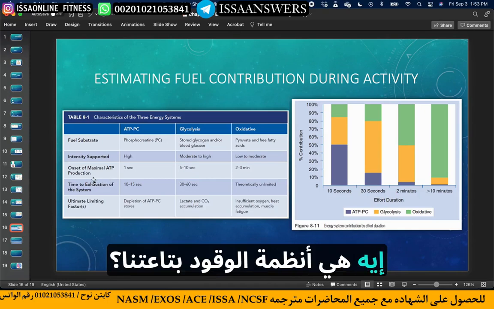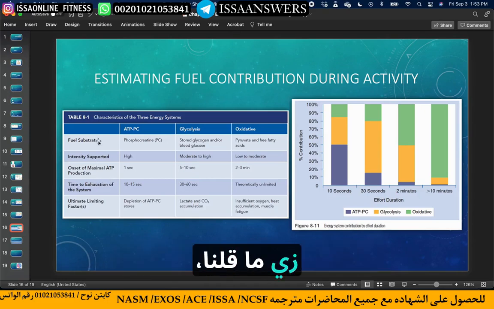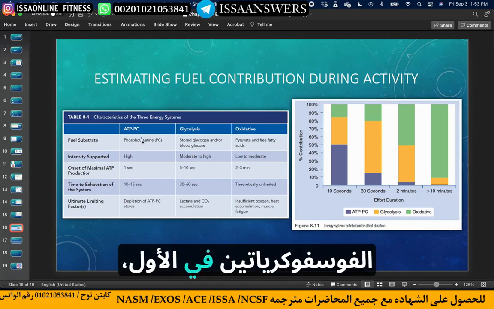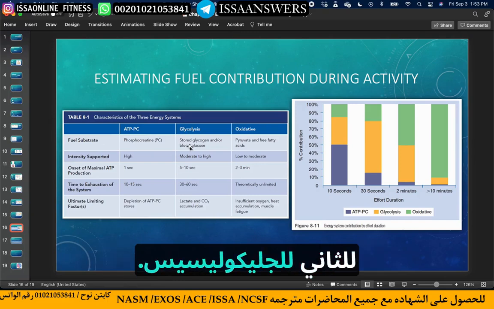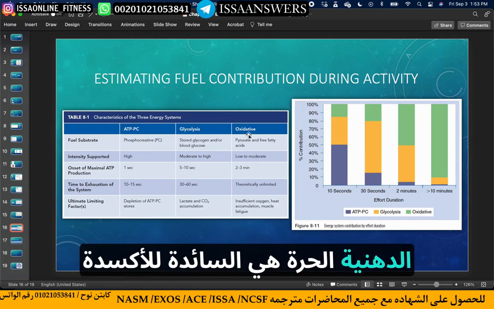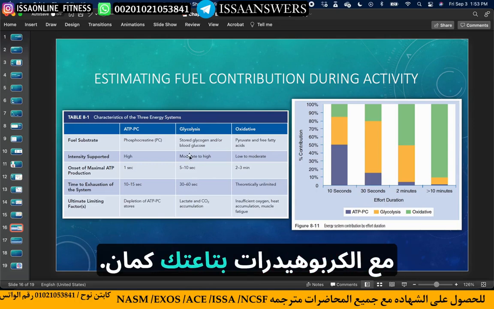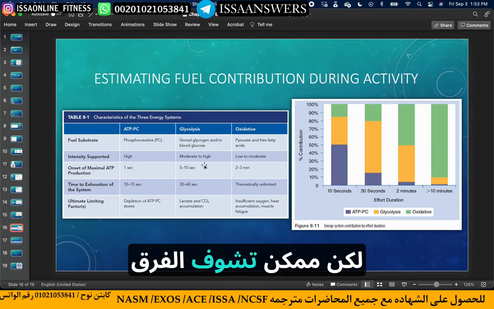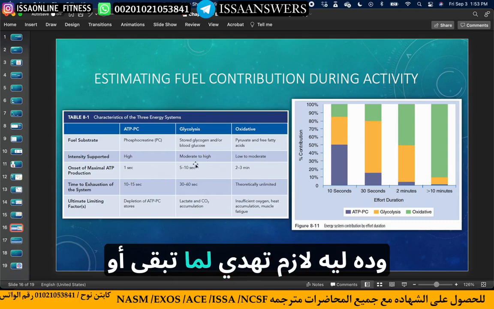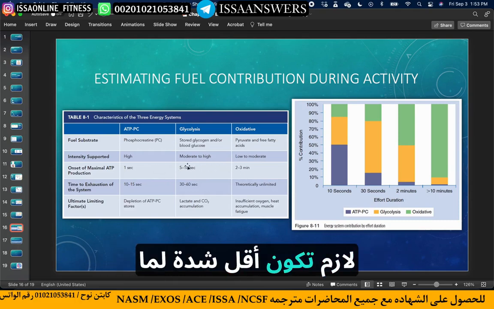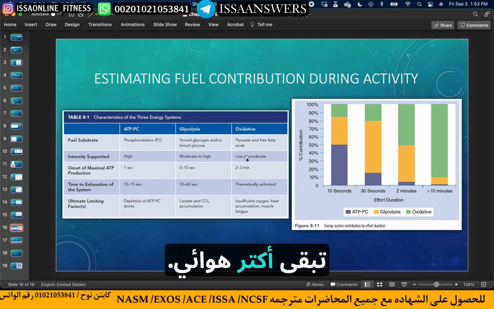So again, what are our fuel systems? Like we said, phosphocreatine for the first one, glycogen and blood glucose for glycolysis, and then pyruvate and free fatty acids are predominant for the oxidative, along with your carbohydrates as well. But you can see the difference in your intensities. You can see the maximal ATP production, and that's why you have to be less intense as you get more aerobic.